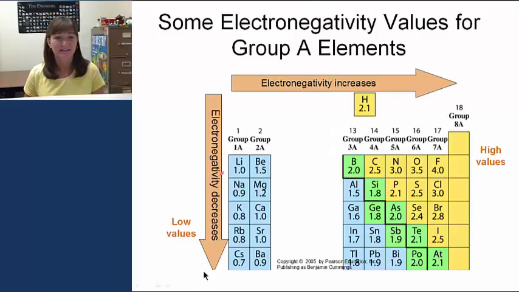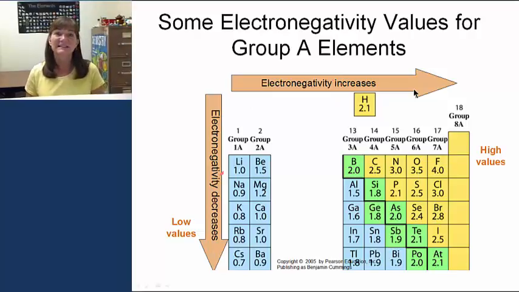And here is a periodic table that is giving the electronegativities of some of the elements. You may have to refer to this table in your book to answer some of your homework questions. But I want you to see the trend. It turns out that the electronegativity of the elements decreases as you move down a family and increases as you move to the right.